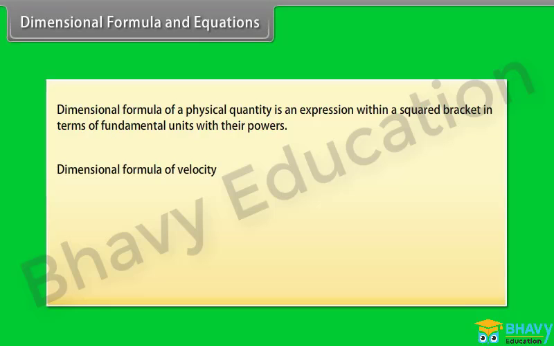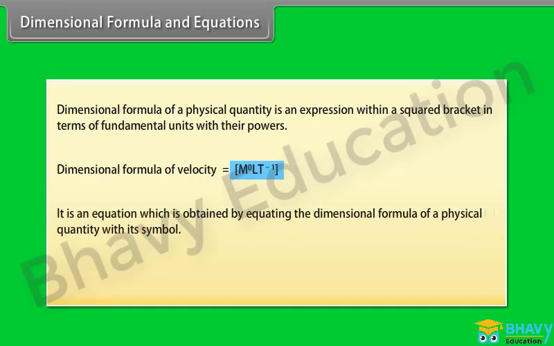Dimensional formula of velocity is [M^0 L T^-1]. A dimensional equation is obtained by equating the dimensional formula of a physical quantity with its symbol. Let us take an example. Dimensional equation of velocity is V is equal to [M^0 L T^-1].